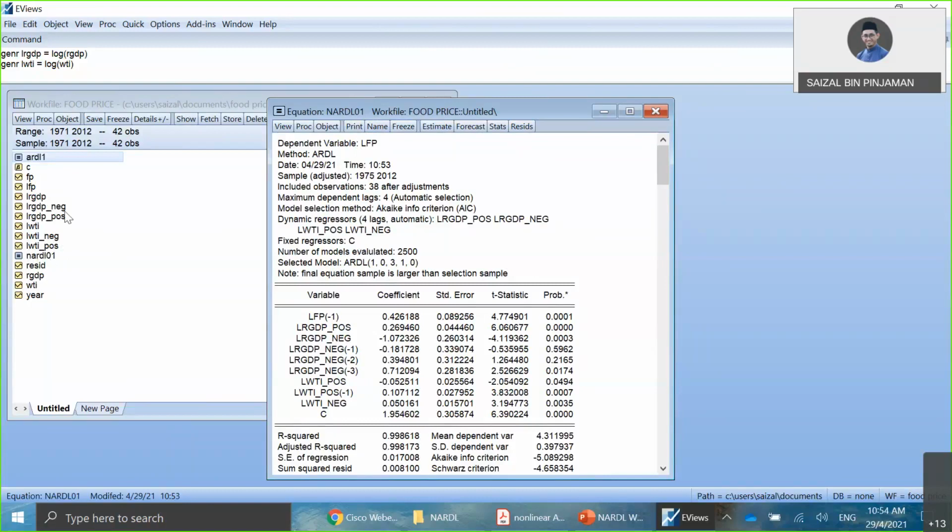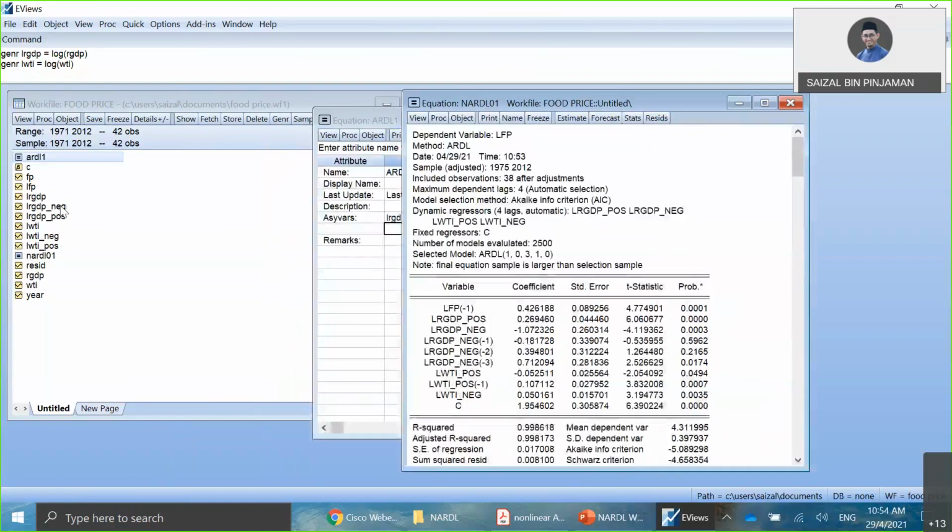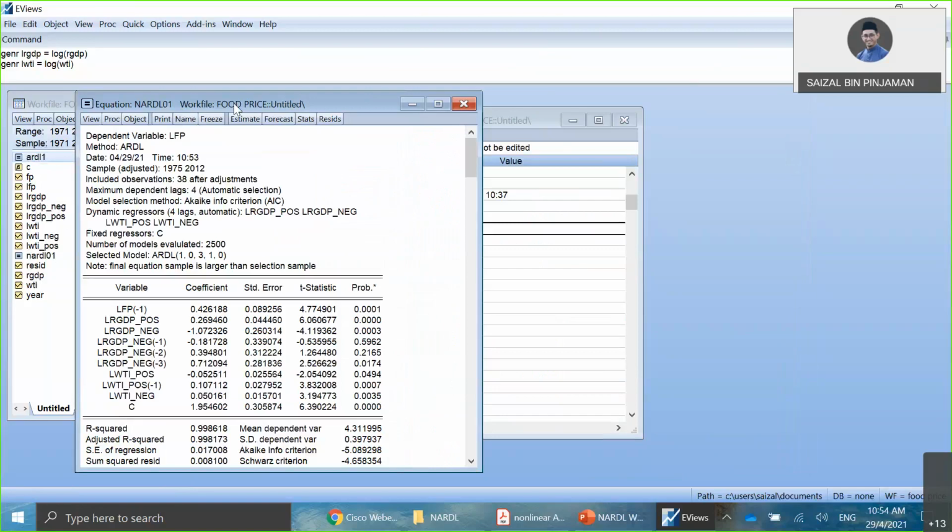And not just that, in the work file, you can also see that we have additional variables: the negative values and positive values of the independent variables are included automatically. Why are they included in the model? Remember that in the nonlinear ARDL model, we are trying to see whether these positive and negative values present the same impact or not in explaining the dependent variable.